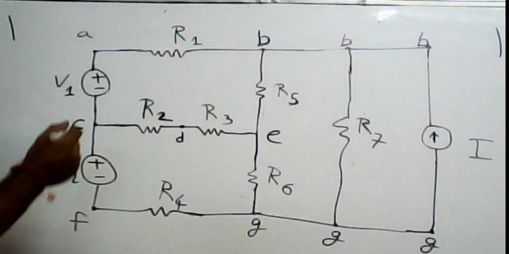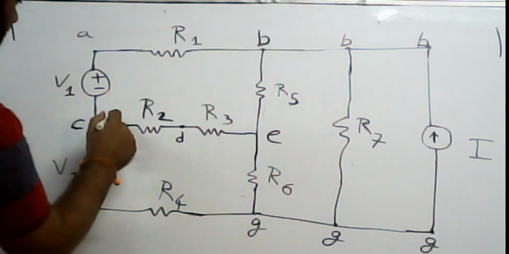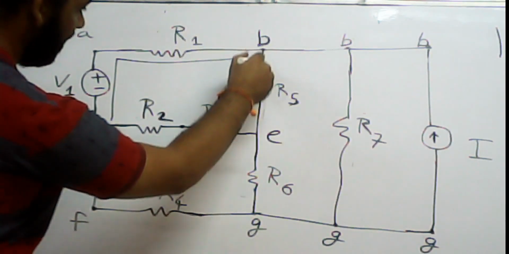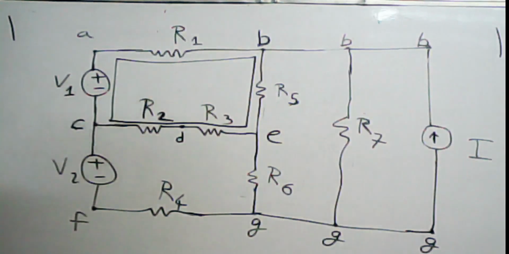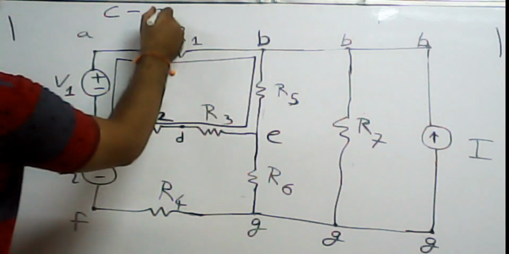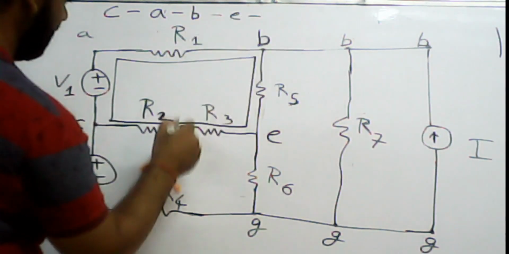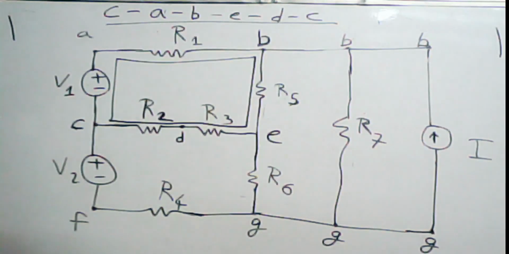For example, if we consider this as a starting point, we will start from here, go to A, go to B, go to E, and then come back to C. So this path C, A, B, E, then D is also there, then C. This complete path will be called a loop.